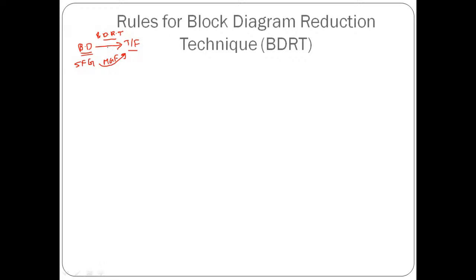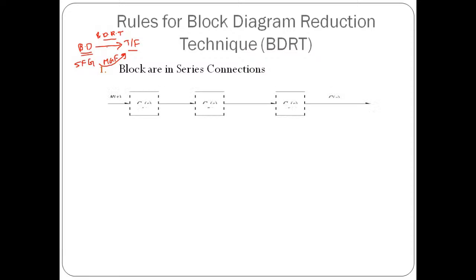There are some 8 to 9 rules that we first need to understand, and then depending upon the way blocks are connected in the system, we need to identify whether we need to apply rule number 1, rule number 2, rule number 4, or rule number 8. So the first rule that we learn is for when the blocks are connected in series.